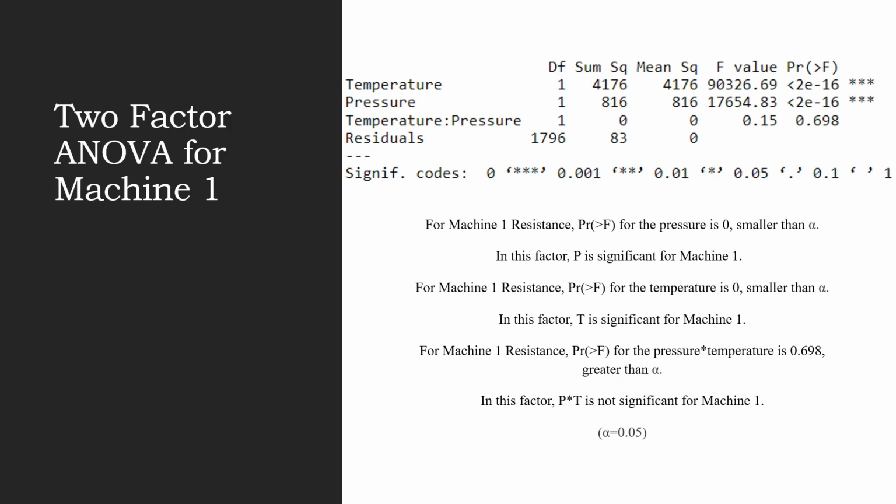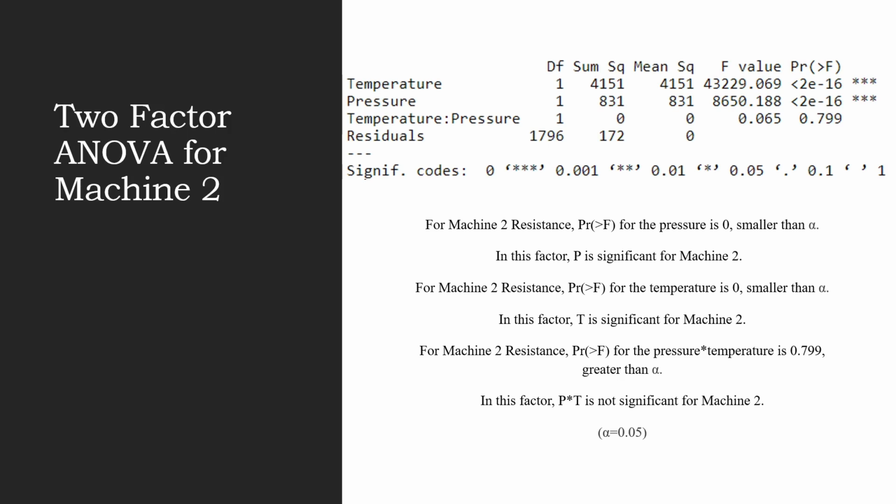We can assume that the small value is 0. Hence, it will be smaller than alpha. So for machine 1 resistance, Pr greater than F for the pressure and temperature is 0. Therefore, both of the factors are significant for machine 1. And for Pr greater than F for the pressure multiplied by temperature is 0.698, making it greater than the alpha value. Hence, in this factor, P times T is not significant for machine 1.